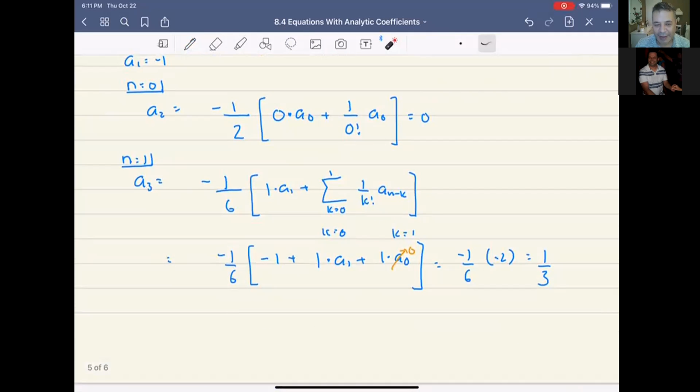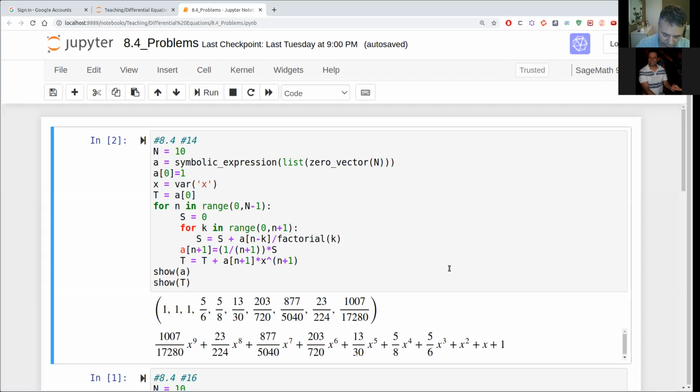On that note, since I'm at the end of the page, let's go to the Sage and see how we did it. It's actually very similar to the last one.